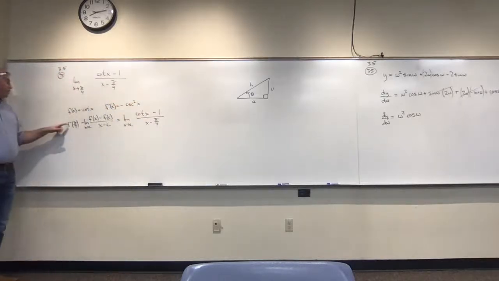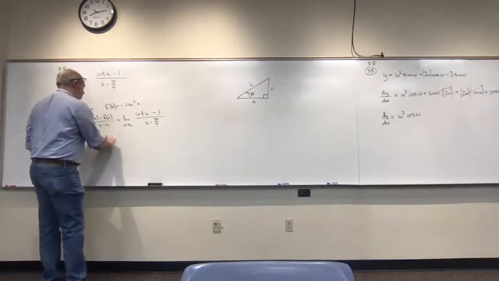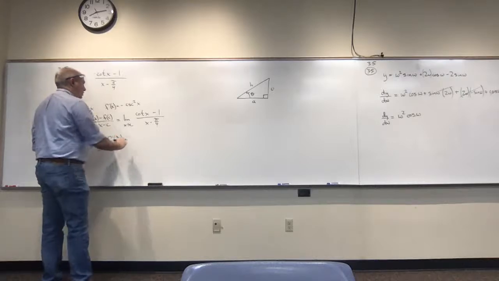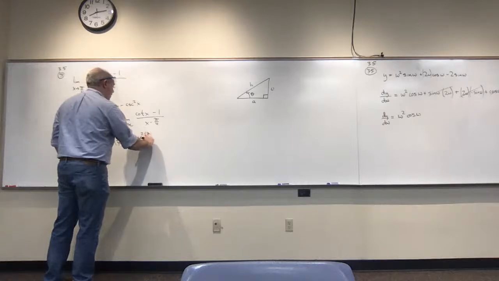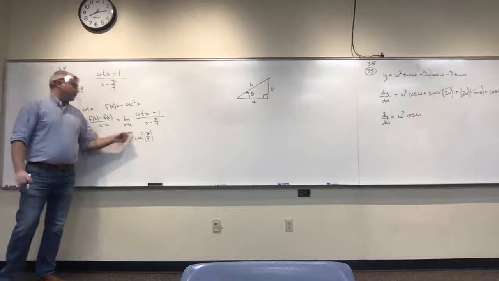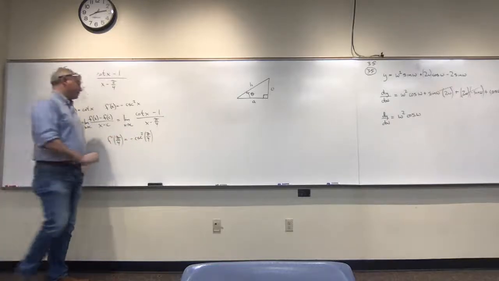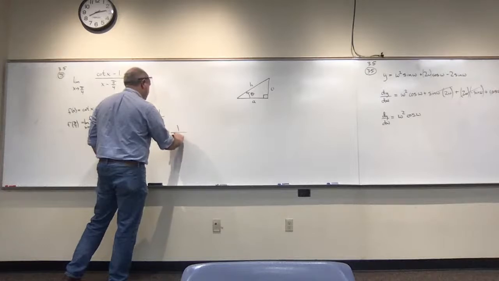So if I'm asking what's f prime of pi over 4, that would just be negative cosecant squared of pi over 4. And so now I just have to figure out what this is. And remember, this is negative 1 over sine squared of pi over 4.